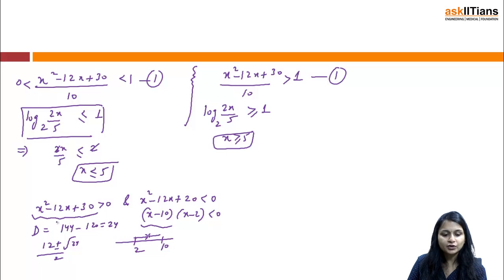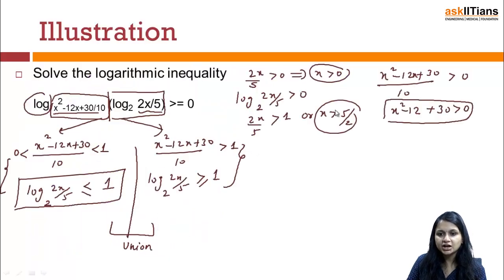But we also had one more solution that x should be less than or equal to 5 from here, right? And if you remember, another solution is that x should be greater than 5 by 2. This is something that we always have to remember, because x greater than 0 and x greater than 5 by 2, both of them give me one solution that x should be greater than 5 by 2.